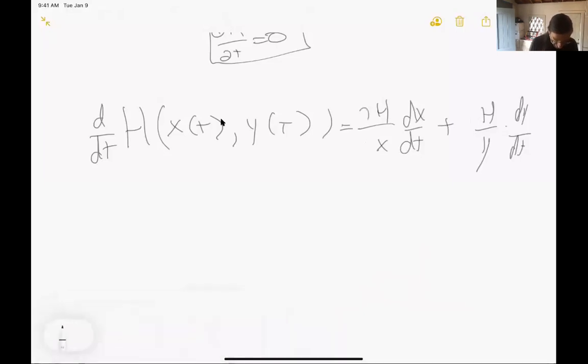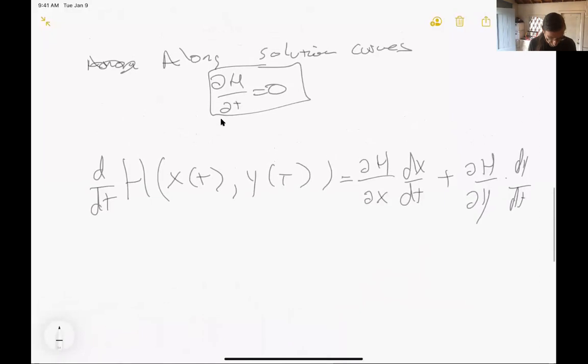It's the partial of h with respect to x plus the partial of h with respect to y. It's still dx dt, not partial x with respect to time, because x is only a function of one variable. So we use a little d for functions of one variable, and that script partial symbol for multivariable functions. Okay.